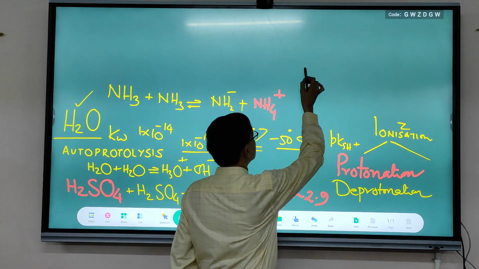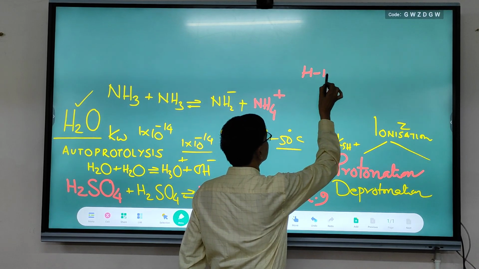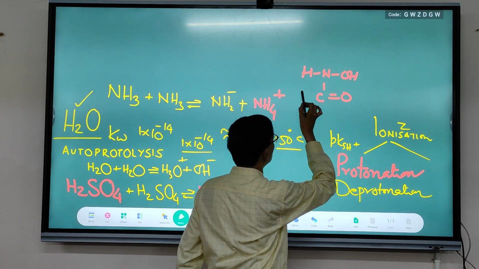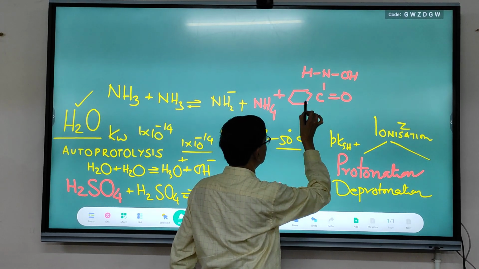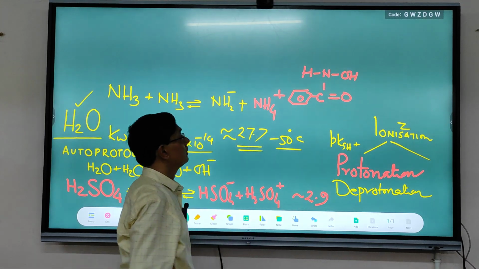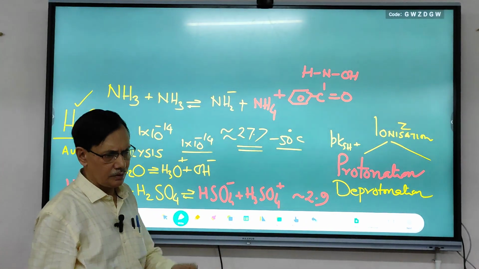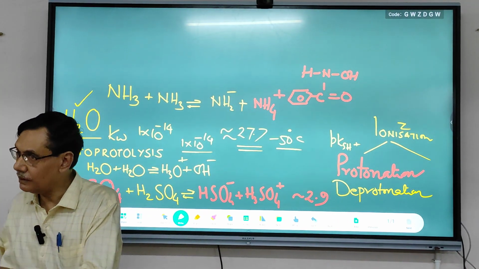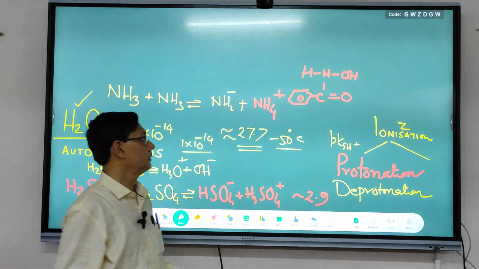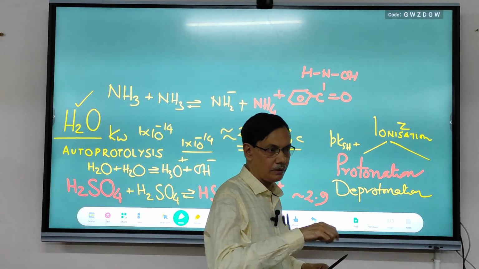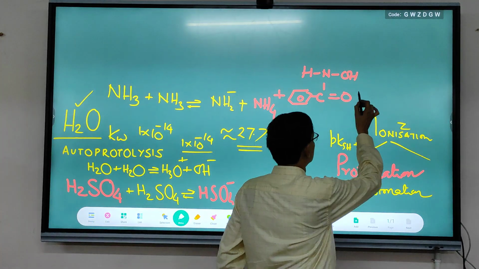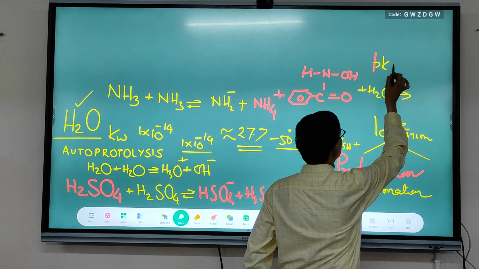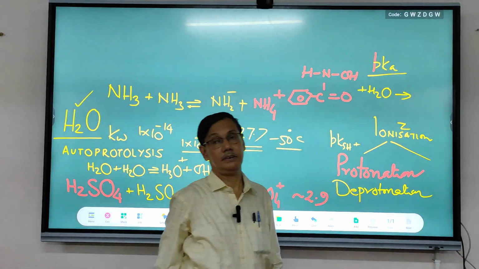Say for example, if I take a compound which is called benzohydroxamic acid, an amide type of compound, which is a partially water soluble compound. You dissolve it, prepare a solution, and determine its pK by a simple pH metric method.